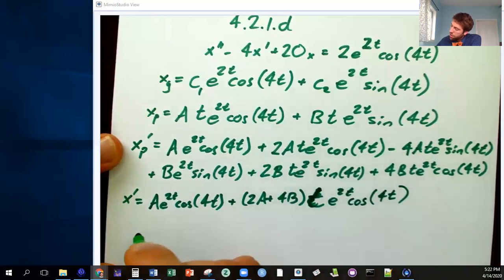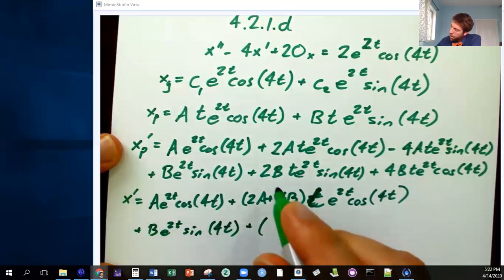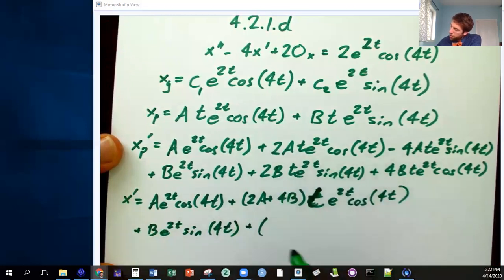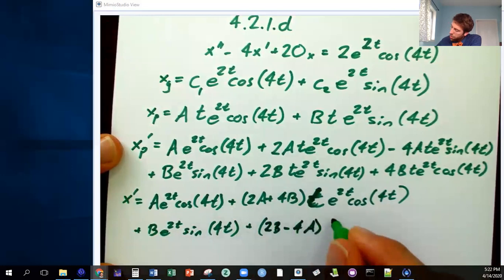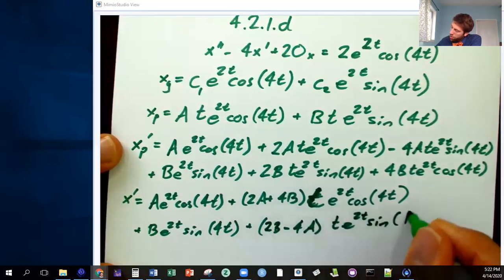Plus b e to the 2t sine of 4t, plus, and then here I have 2b and negative 4a. 2b minus 4a times t e to the 2t sine of 4t.